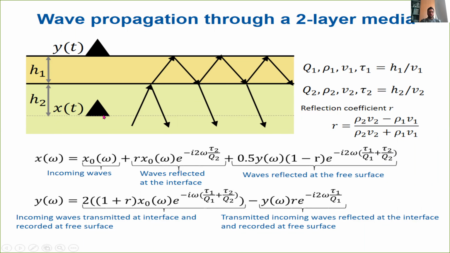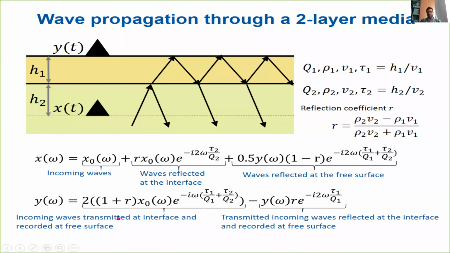So we have the input, the reflected wave, and the wave transmitted, reflected, and again transmitted down to the sensor. So we have these three components that are recorded at our sensor in the underground.